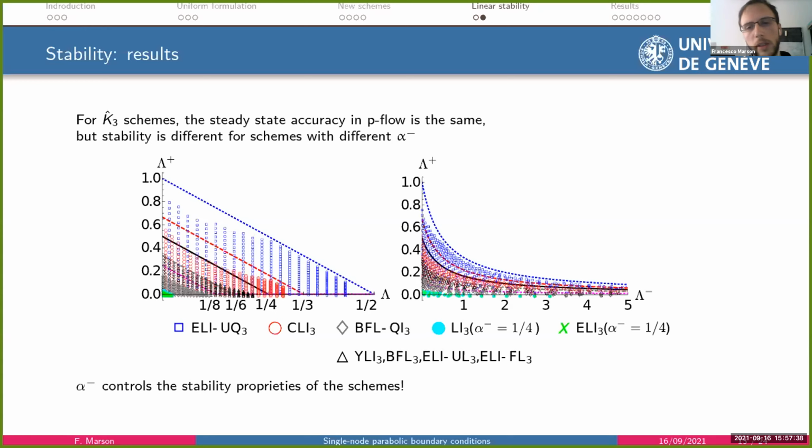It is also important to notice that the most challenging region for stability is the region at low relaxation rates. And another very important thing to notice is that if we decrease the value of this alpha minus, we are able to find boundary conditions that are more stable. So we are also developing conditions to optimize the stability of the schemes.